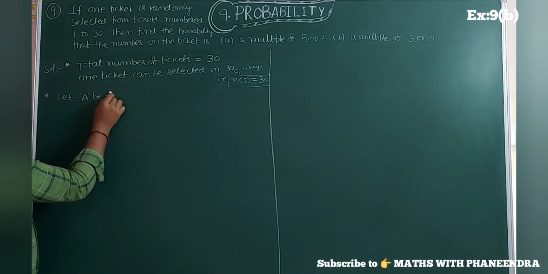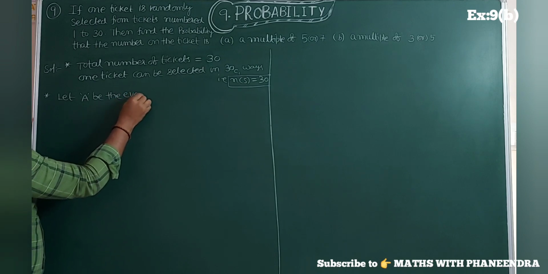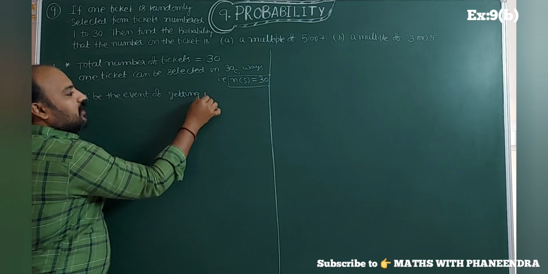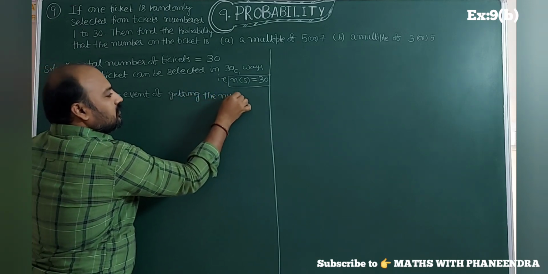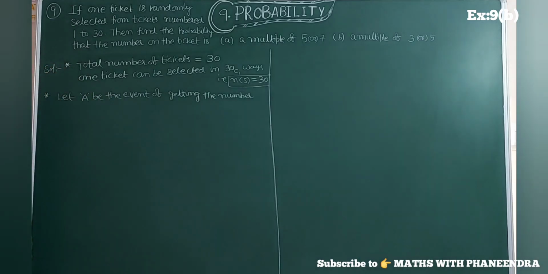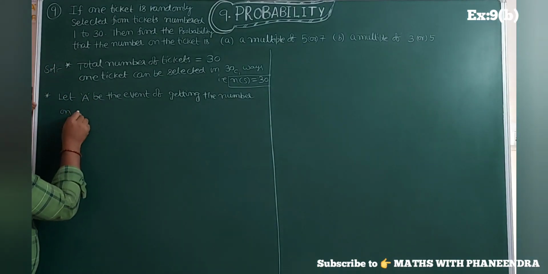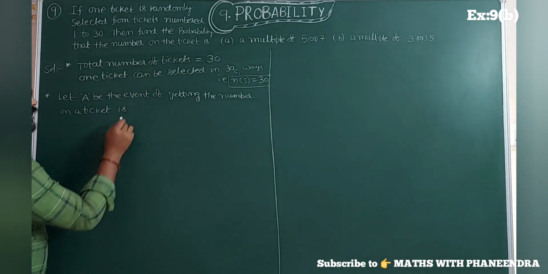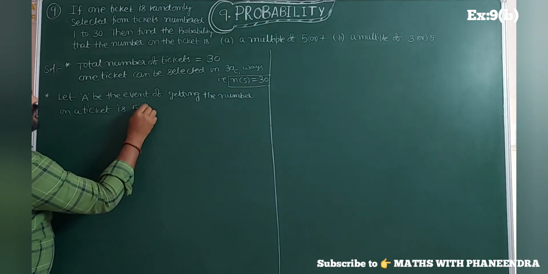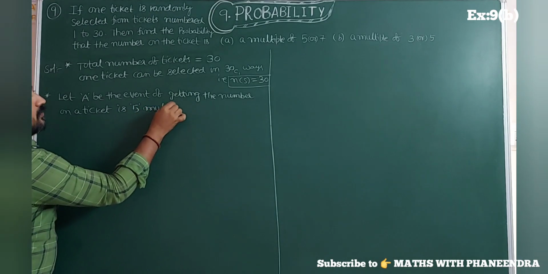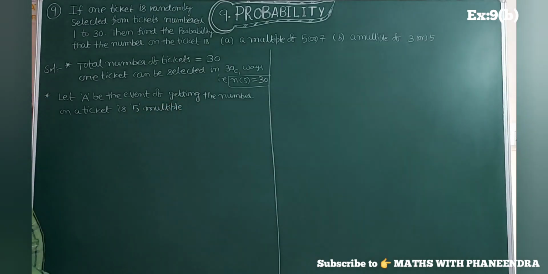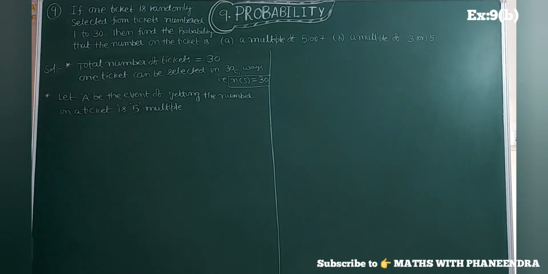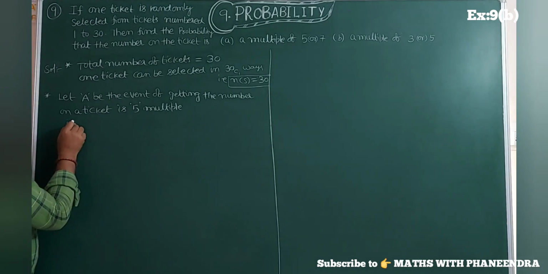A be the event of getting the number on a ticket is a multiple of 5. What are the possibilities?